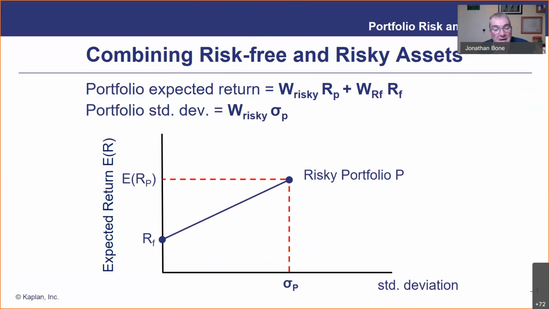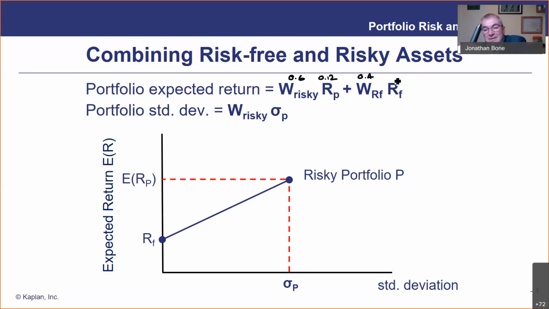Working out the portfolio's expected return, it's just a weighted mean. So you take the weight, let's say the risky portfolio is 60%. So I'd take 0.6 times its expected return. Let's say 12%, so 0.12. And of course, if 60% is invested in the risky portfolio, then I'm investing 40% in the risk-free portfolio.